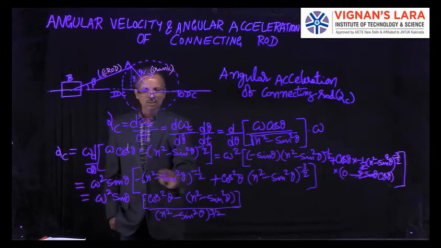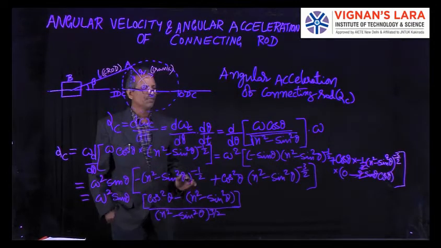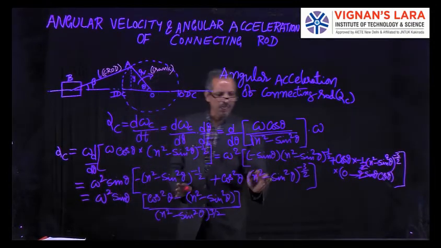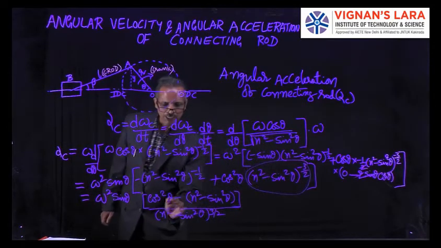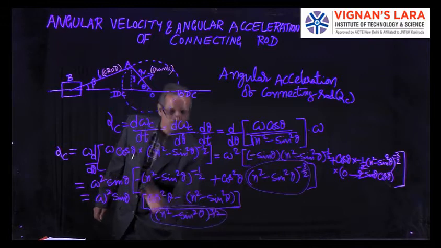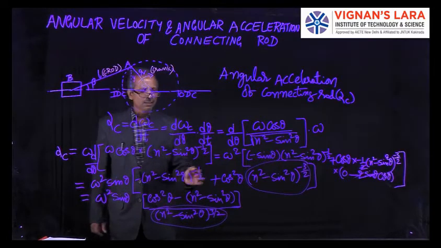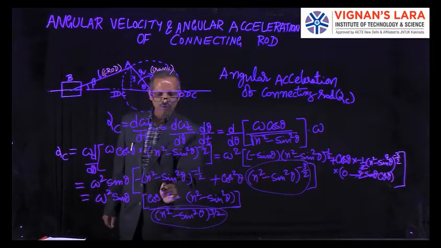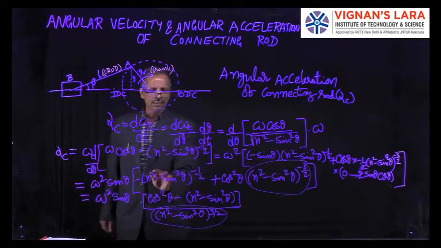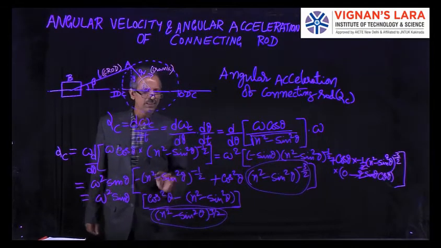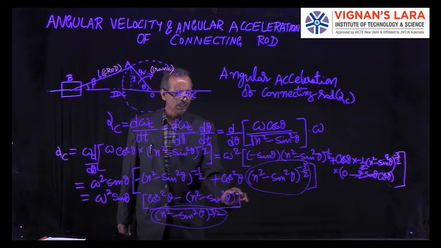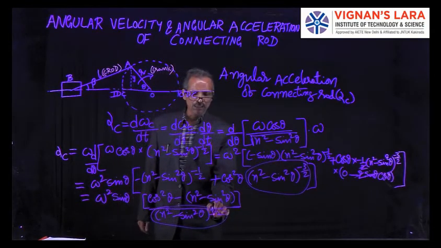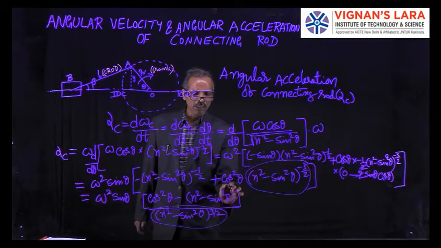What I did is simply I have taken this term into the denominator, then this value left over is cos square theta, and here I already have minus, and here minus half is there, and since it is taken in the denominator as 3 by 2, it will be 1.